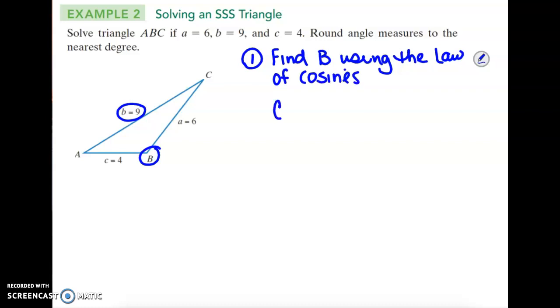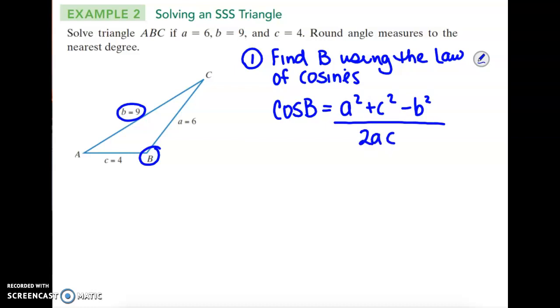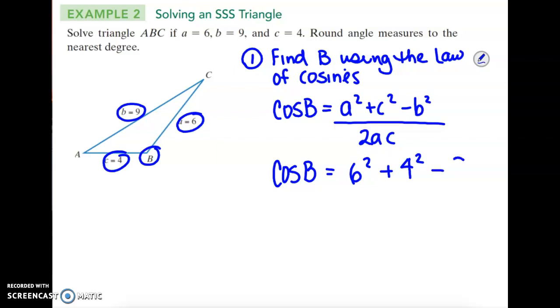So the formula says the cosine of big B equals a squared plus c squared minus b squared over 2ac. Now we sub in the values. So cosine of big B, here's your a value, which is 6, your c value of 4, minus your b value of 9, over 2ac.